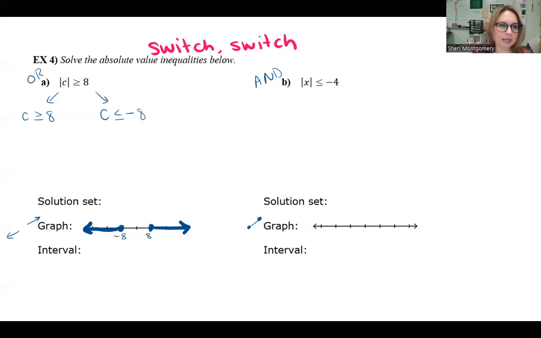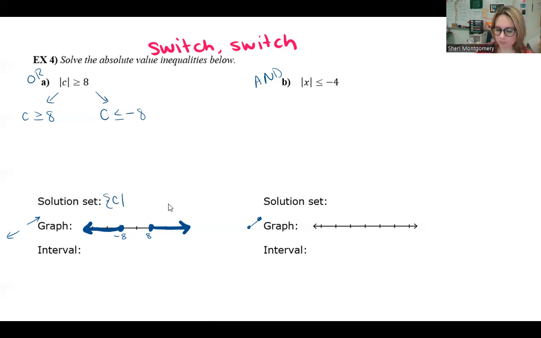So my solution set is going to be an OR statement, and I'm going to put it in a set. My variable for this one is C. So I'm going to say it's C such that, and usually you put the one with the smaller number first. So I'm going in order: the -8 part first, and then the +8 part second.